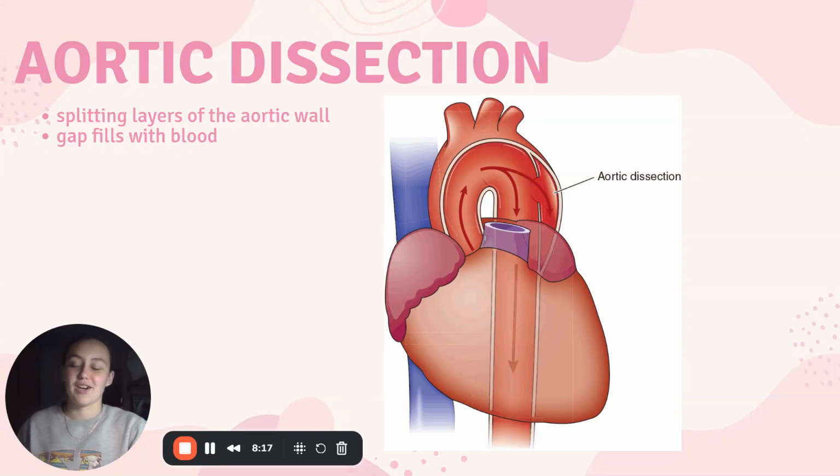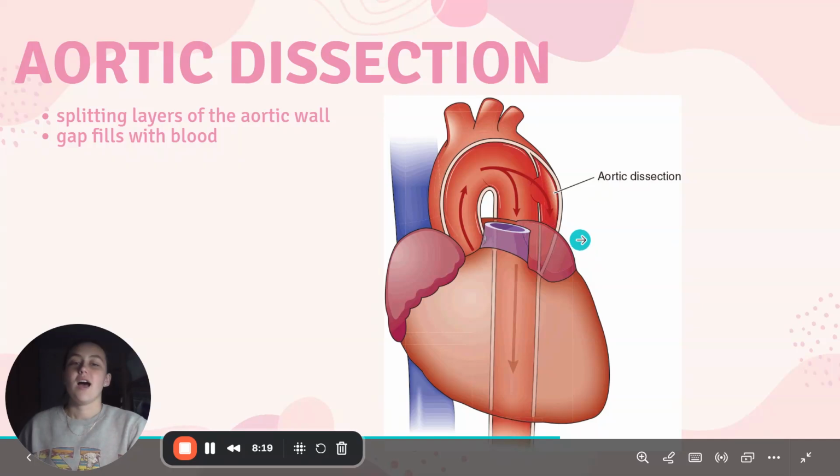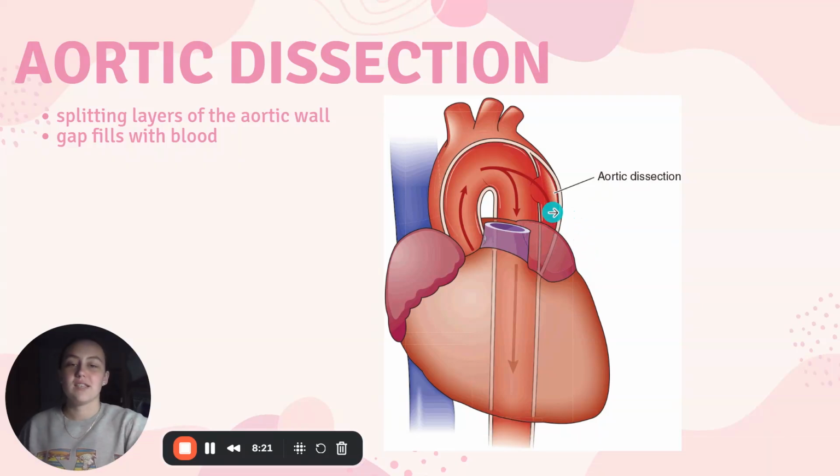It's kind of just that crazy thing that can happen. So I like this picture here. So this is your aorta coming across here, and there are two walls to your aorta, and they split off, and then blood comes in there, and it'll fill that gap with blood. And the book, I guess, didn't really talk about what you could do to fix it, and I didn't really highlight it. So that's an interesting one.